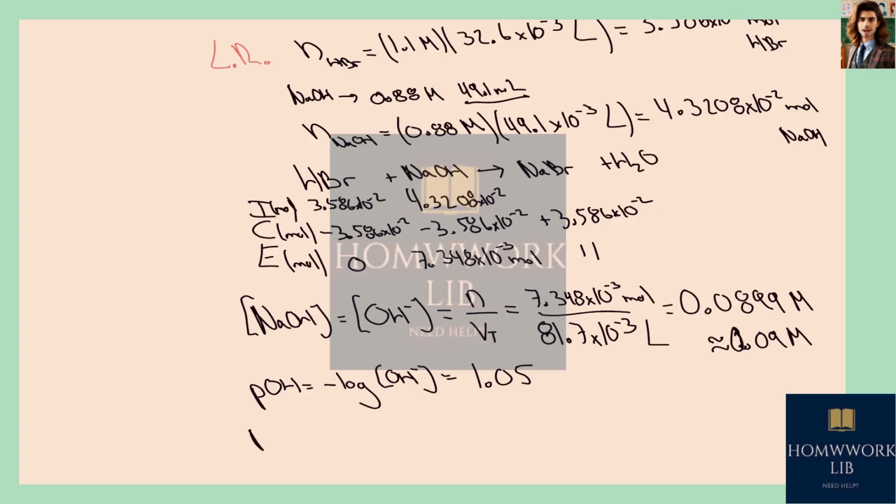And now we're going to use the relationship between pH and pOH, that it needs to be equal to 14, in order to calculate our pH. So pH is going to be 14 minus pOH, yielding 12.95. And that is going to be our final answer.